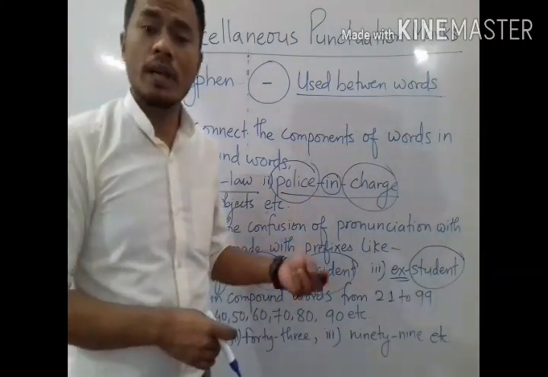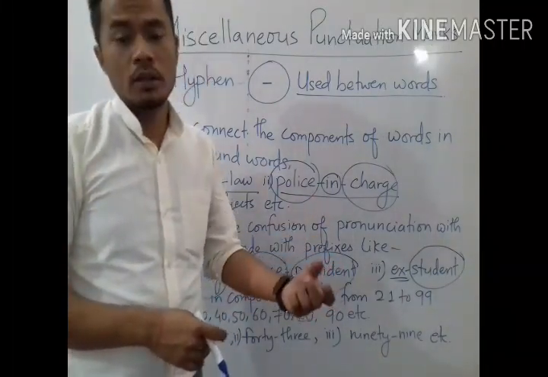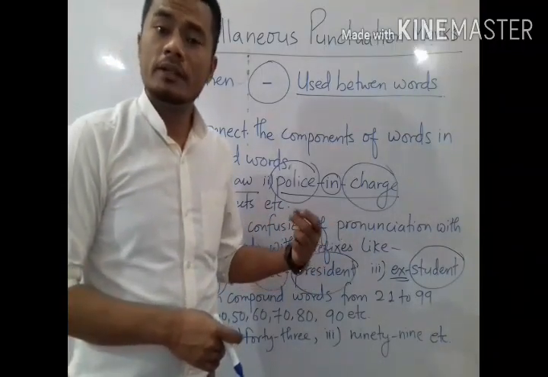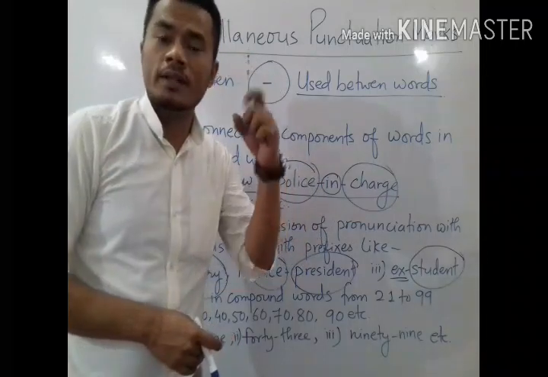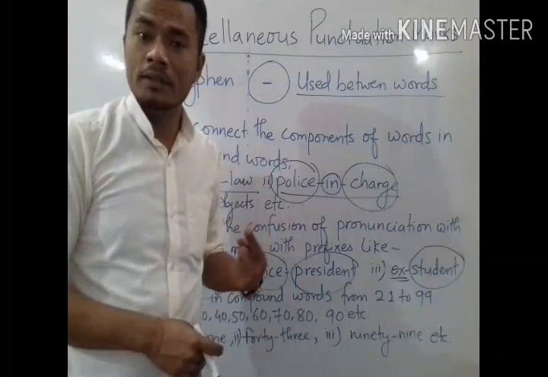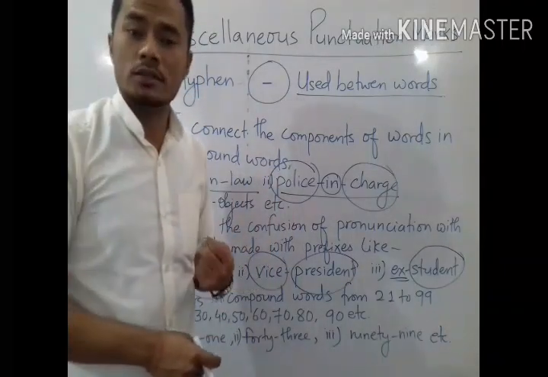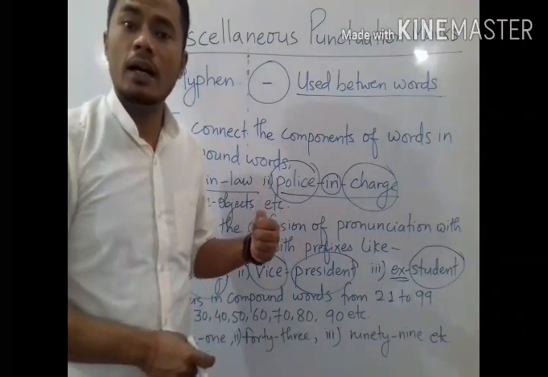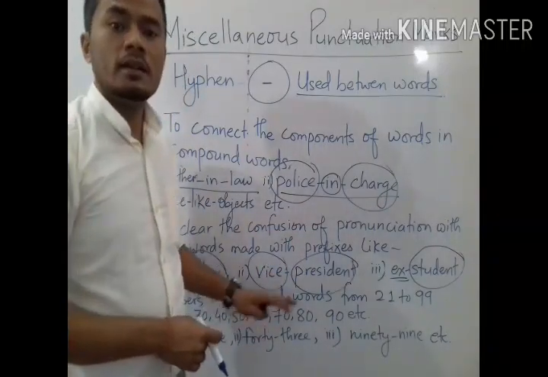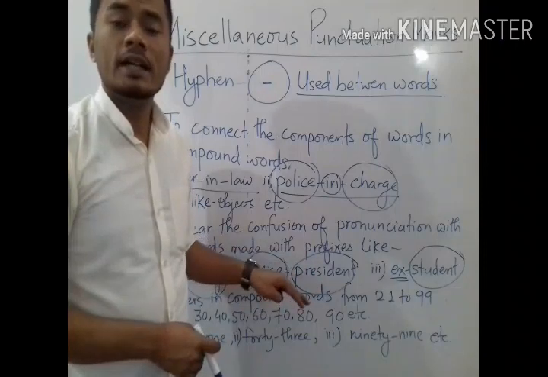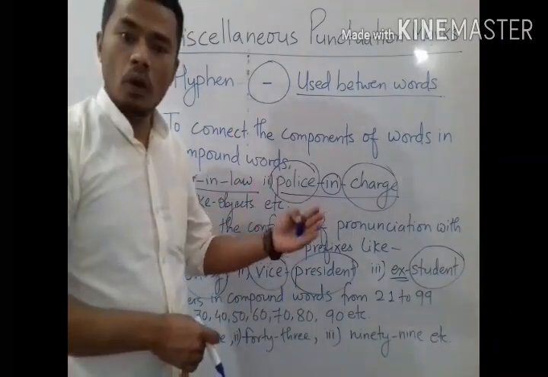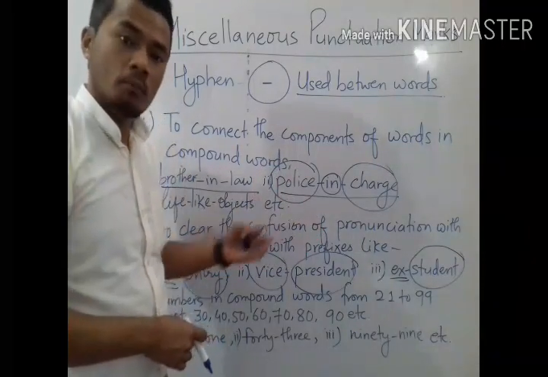Like 21, we have 20 and 1, two words together. Because these two words together give us one concept, 21 means one number, but we have used two words to write it, we have to write these words using a hyphen between them, like twenty-one. Twenty-one is the compound word.